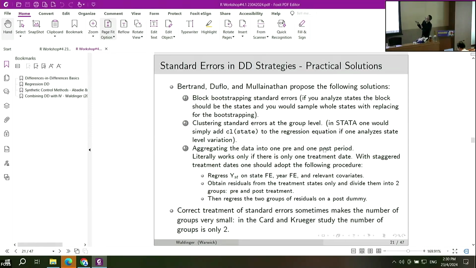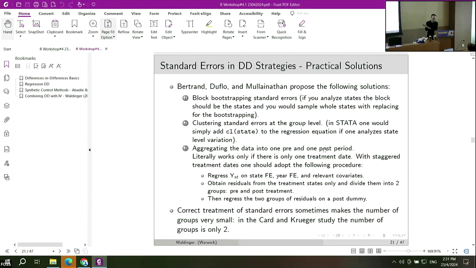With Bertrand, Duflo, and then I don't know this author, I know the first two. This solution uses block bootstrapping standard errors. This is a bit more advanced, but again, this is using difference in difference, where you are actually looking at state fixed factors to control for the within group variation.